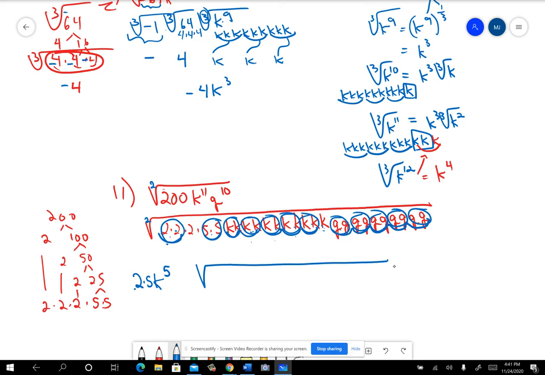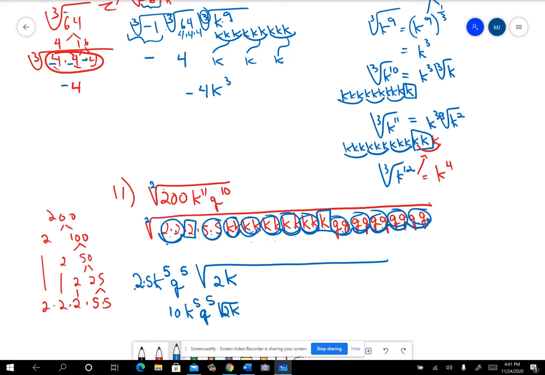And then here we have 1, 2, 3, 4, 5 q's. 5 pairs of q's. So we could bring out 1 q for every pair. That would give us a q to the 5th, and then we have a 2 and a k left underneath here. So that would be 10 k to the 5th, q to the 5th, square root of 2k.